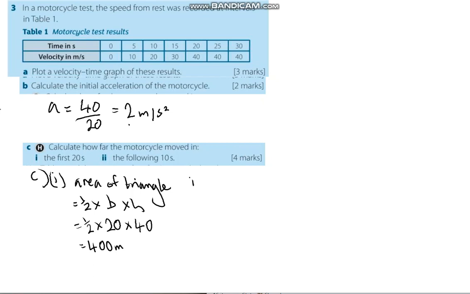And for part 2, the following 10 seconds, it's the area now of the rectangle, which equals 30 minus 20 times 40, which gives us 400 meters again.